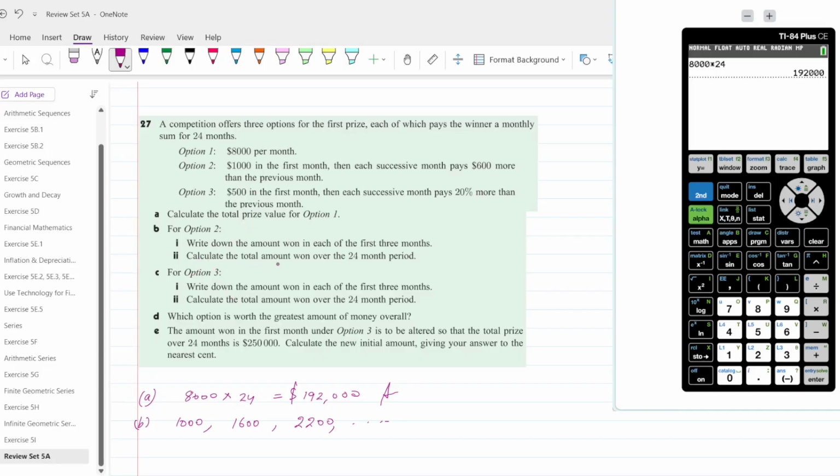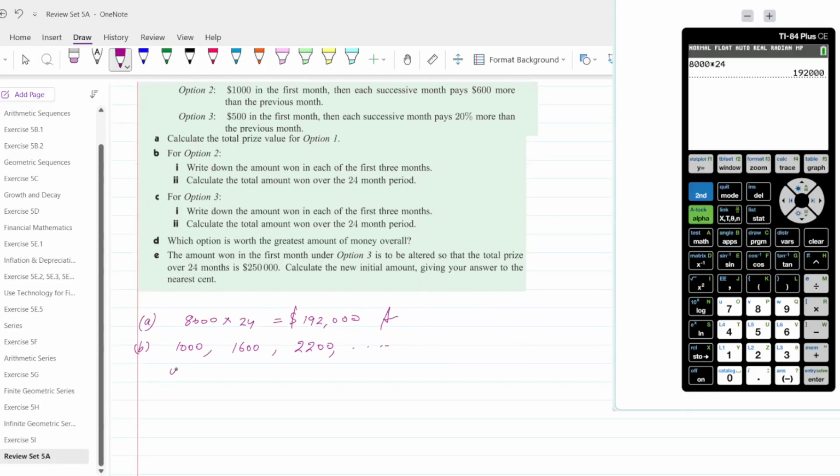Calculate the total amount won over the 24-month period. So we can say U1 is 1000, common difference is 600. So S24 is going to be 24 divided by 2 times (2 times U1, that is 2 times 1000, plus n minus 1, that is 24 minus 1, 23, times d, that is 600).